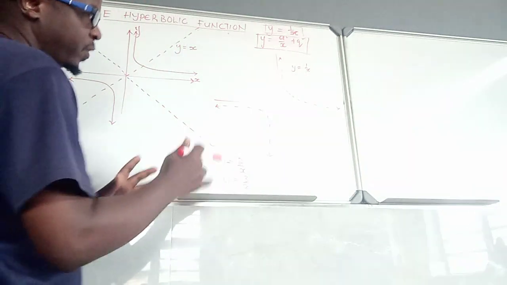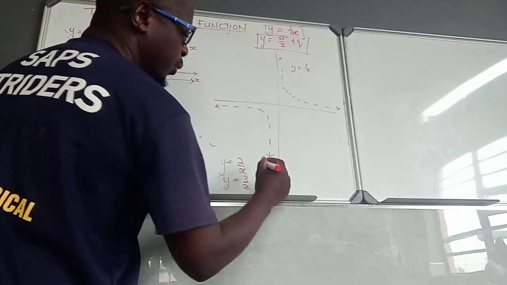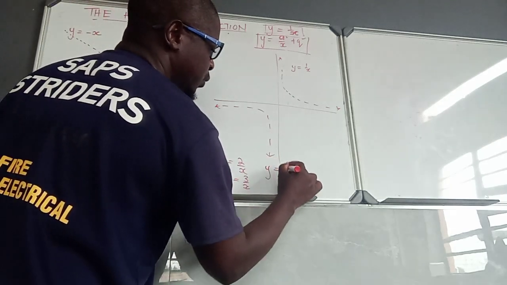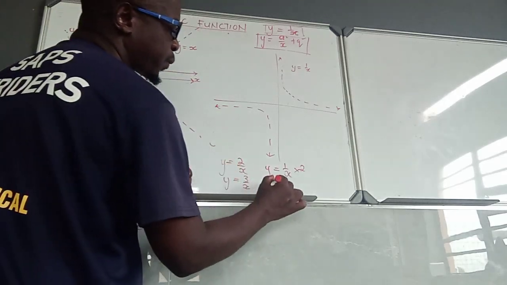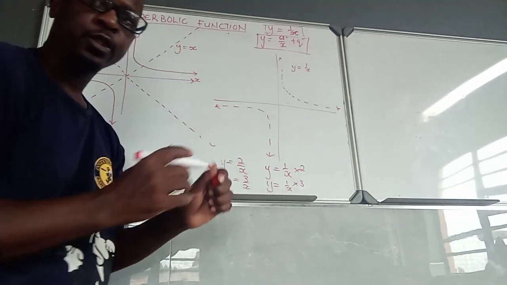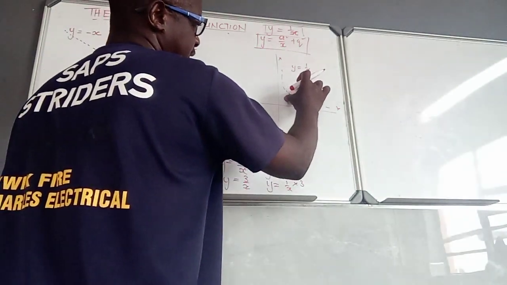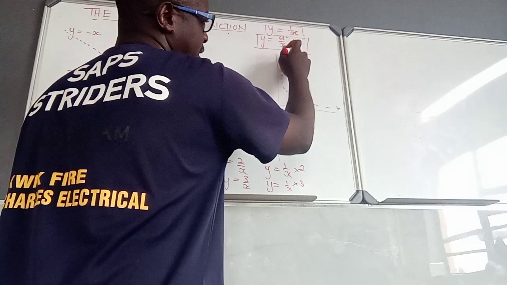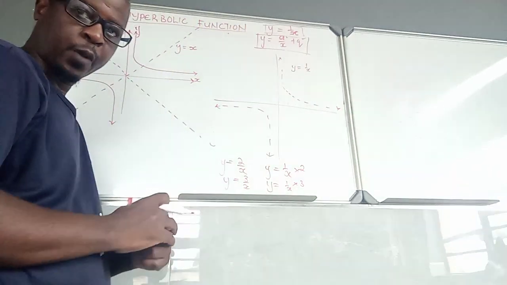It means that y is equal to 1 over x is multiplied by 2, or multiplied by 3. The effect is that this graph stretches depending on the value of a, like that.